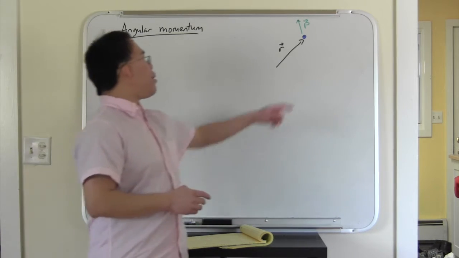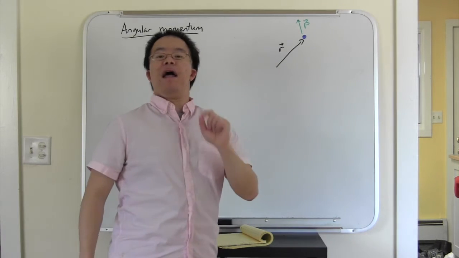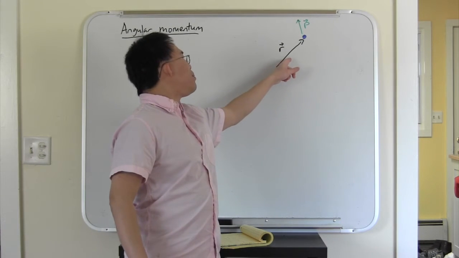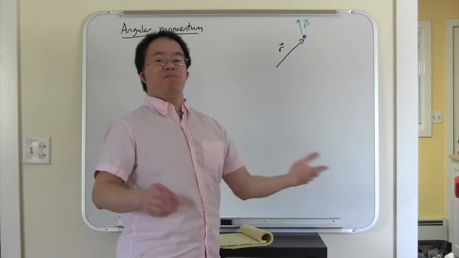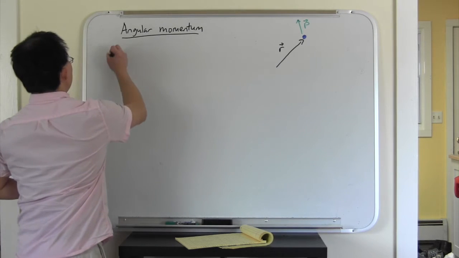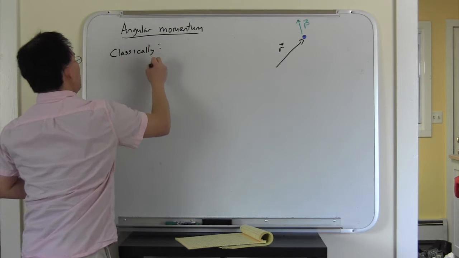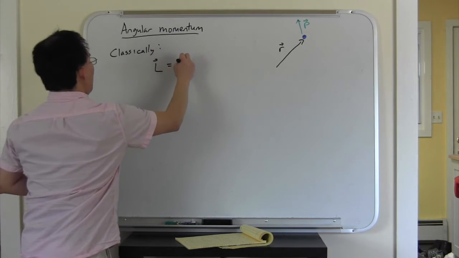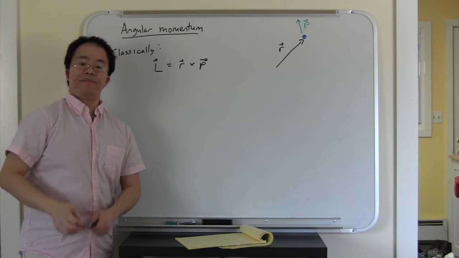So if I had a particle with some momentum vector, p, and that particle was some r vector, some position vector from an origin, we could write down its angular momentum as the cross product, L equals r cross p.